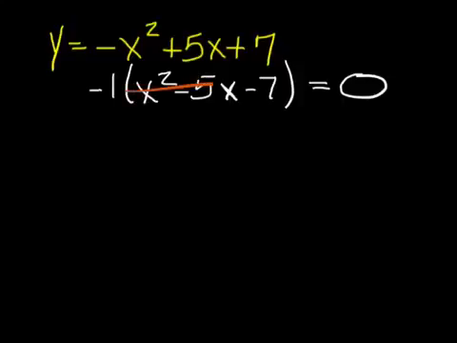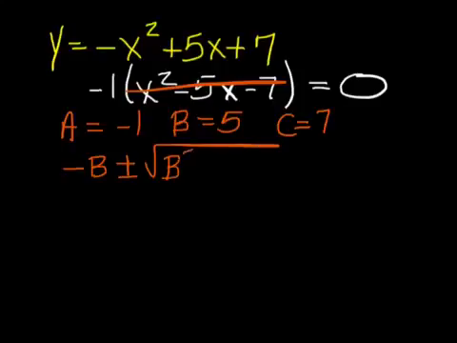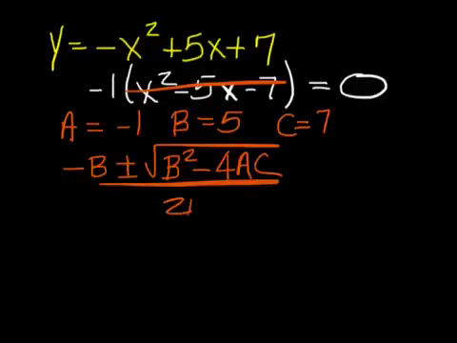You cannot factor that. So we have to go to what? Quadratic formula. What's the A? What's B, 5, and C, 7? All right, so the formula is negative b plus or minus the square root of b squared minus 4ac over 2a.